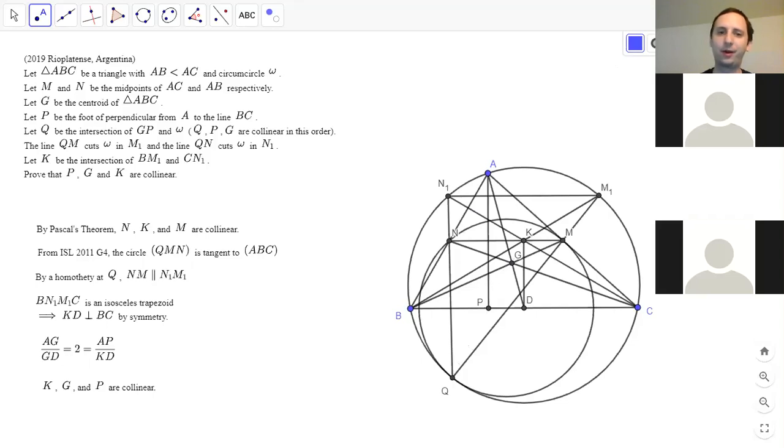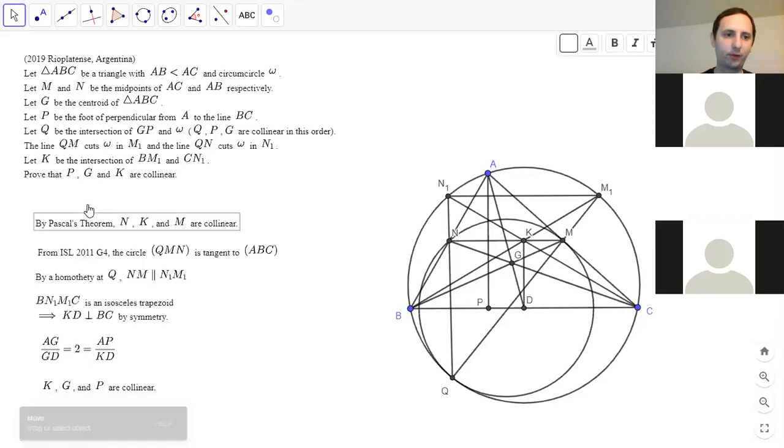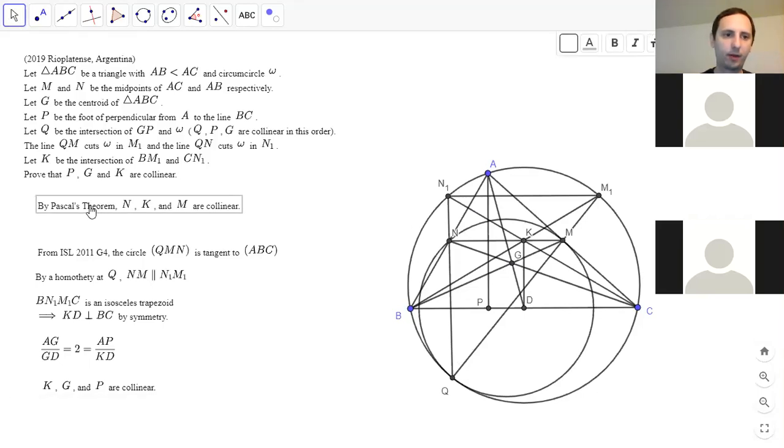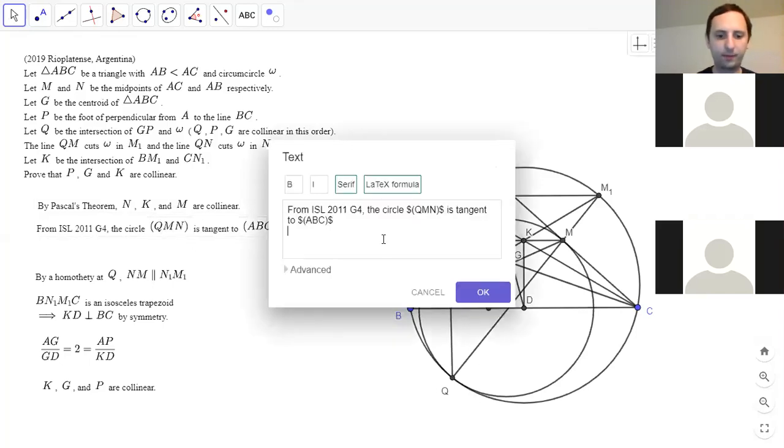Yeah, you have to use the isogonal line lemma. So I'll just write that right here. I also did a video on it.